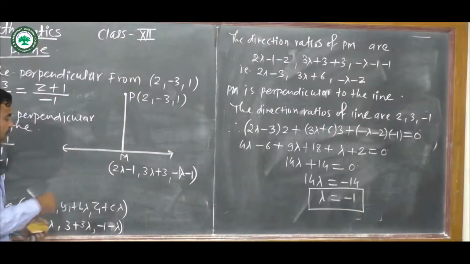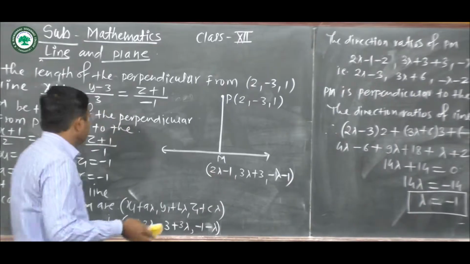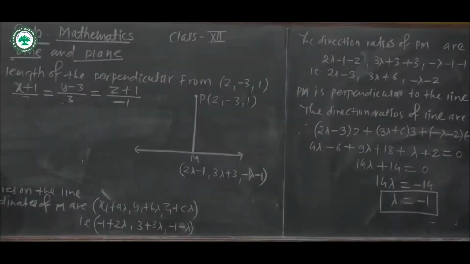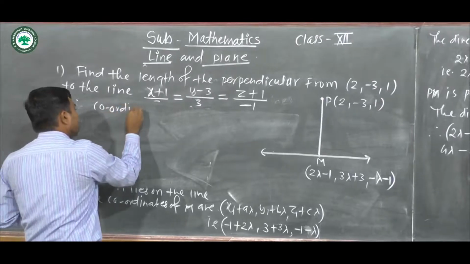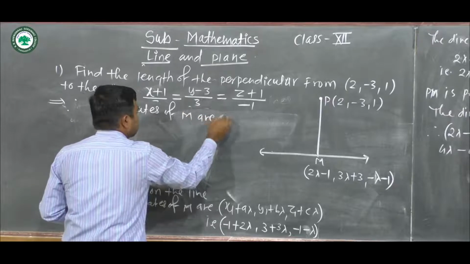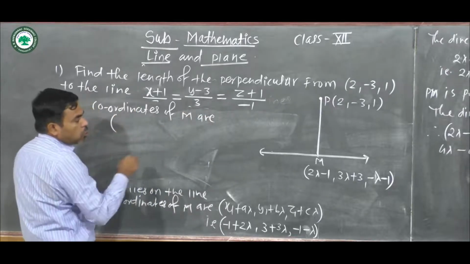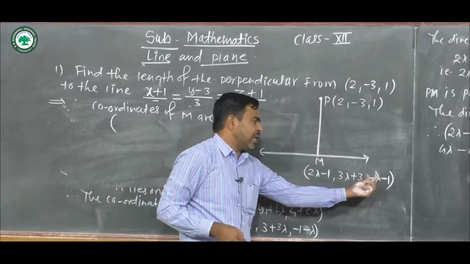Now put this value of lambda in the coordinates of point M. So therefore coordinates of M are 2 lambda minus 1, 3 lambda plus 3 and minus lambda minus 1.